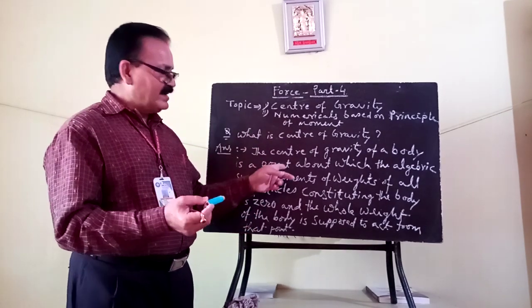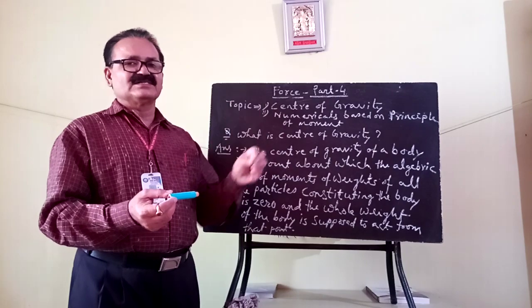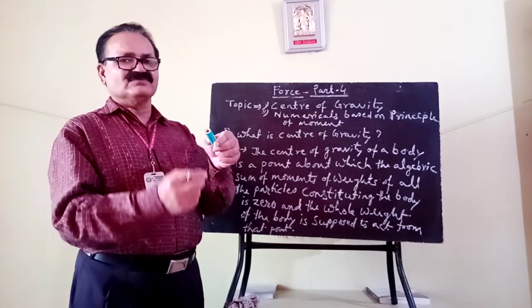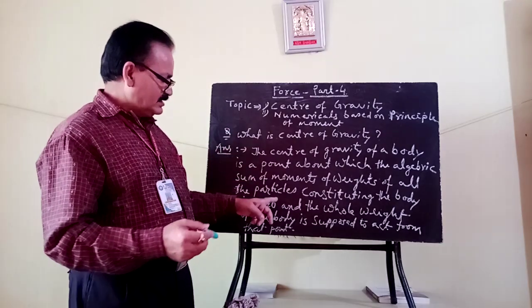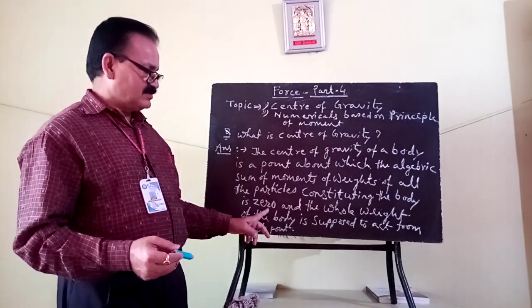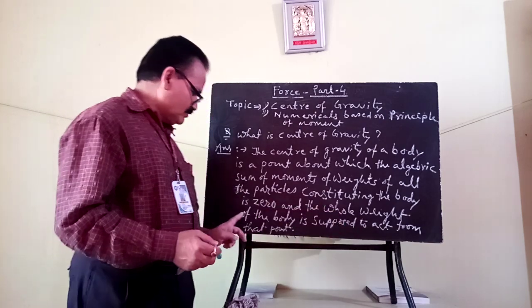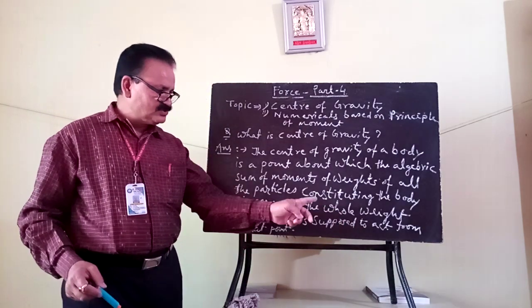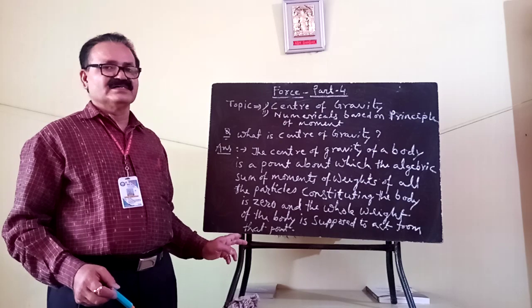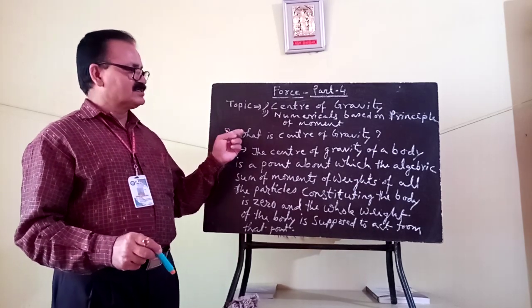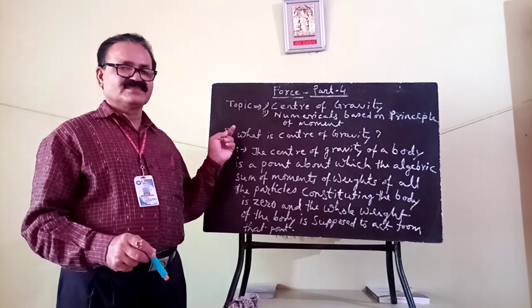The point which is supposed to be the center of gravity, the algebraic sum of the moments of all these weights at that point is 0, such that the whole weight of the body is supposed to act from that point. Then such a point on the body is your position of center of gravity.